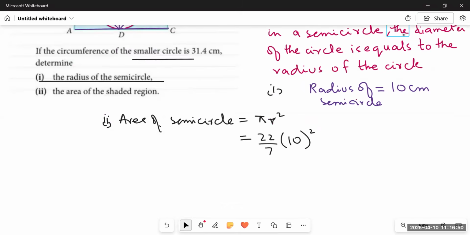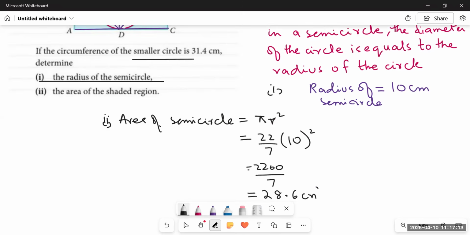So it will be 100. 2200 upon 7 is equal to 28.6 centimeter square. But this is the area of the whole semicircle which encloses some part of a circle, a whole circle, which is unshaded.